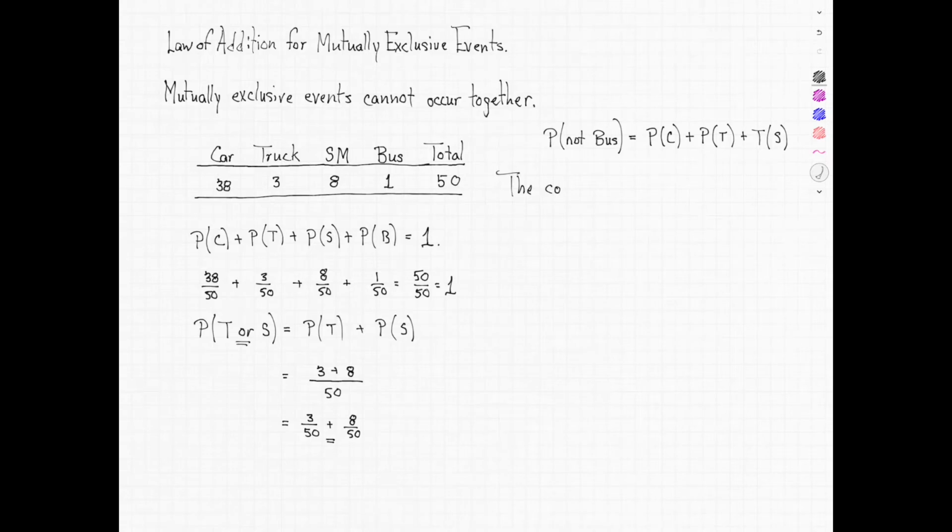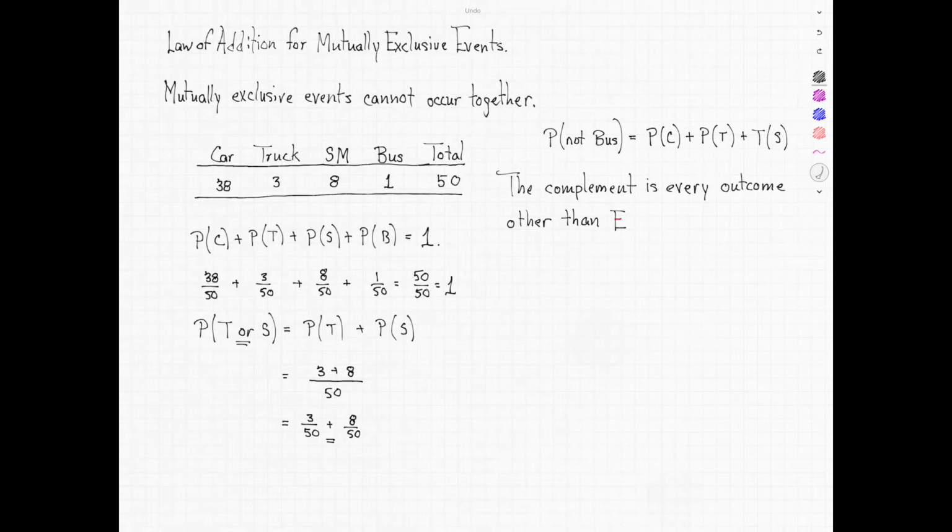And the complement is everything other than, how about this? How about every outcome other than, well, in general we'd say E. In this case, we'd say B.